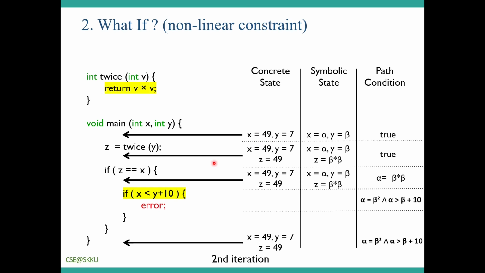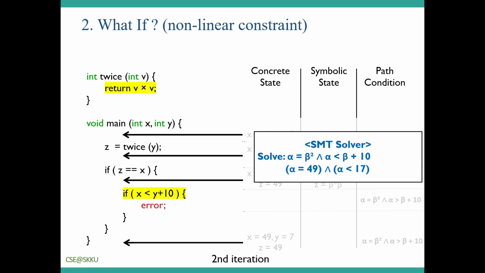Now at the next branch, if x less than y plus 10, that means 49 less than 17 is false, so we enter the false inner branch. And we update the path condition as alpha equals beta times beta, and alpha is bigger than beta plus 10.